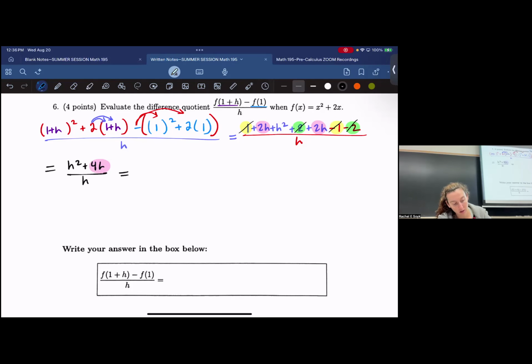Factor out an h, and we get h plus 4 in parentheses all over h, so that the h's cancel out. And last but not least, in simplest form, we just have h plus 4. Questions at all on this one?